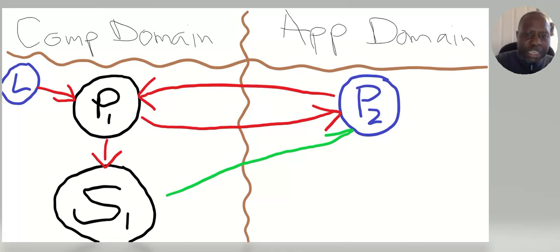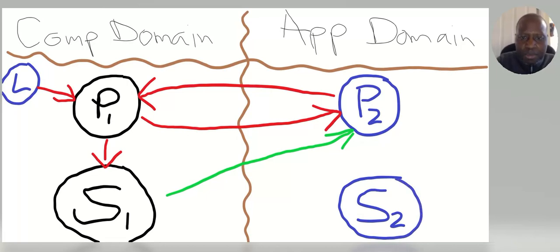Now that you are equipped with a solution to the computing problem, you apply it to your application domain problem, and then come up with a solution in that area. You then come up with what I would label as solution two, the solution you arrive at after you have applied your computing solution, right?